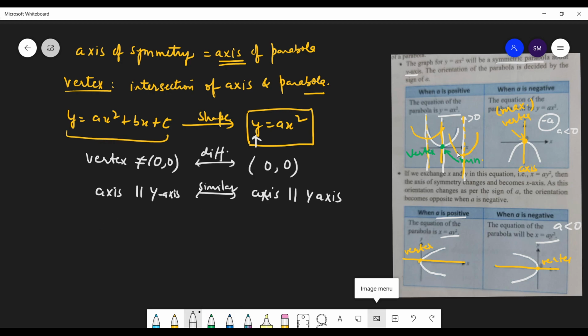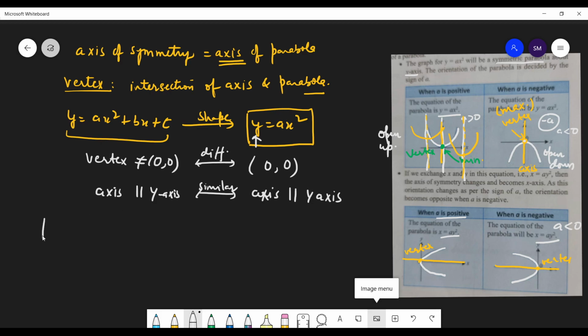And have you noted it down that the vertex is a minimum here, and when the parabola opens down, you can write it opens down, and here you can write opens up.